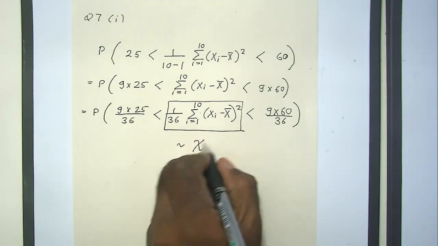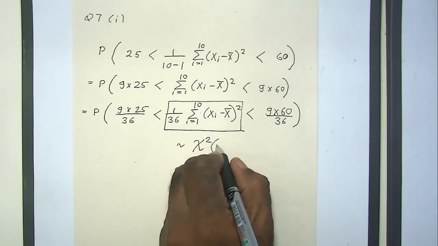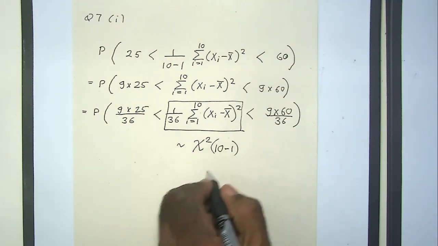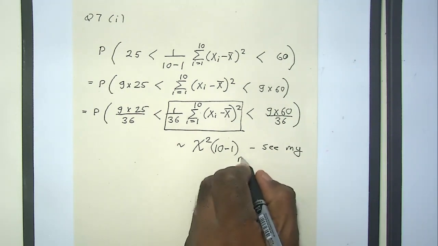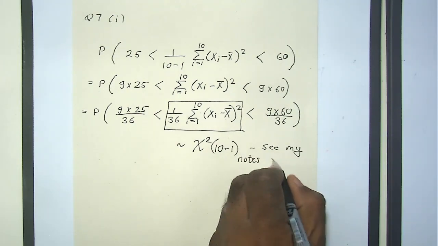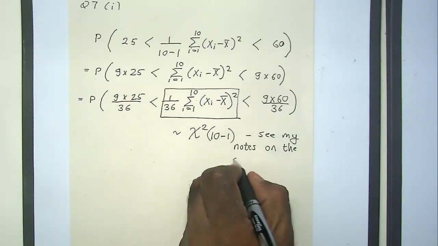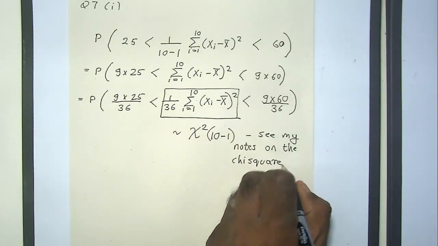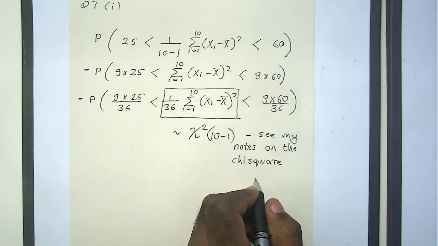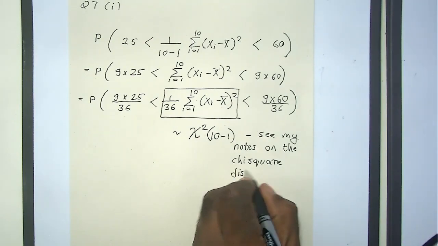This has the chi-square distribution with n minus 1 degrees of freedom, which in this case is 10 minus 1. Once again, see either my printed notes or the written notes, both of them contain this result.